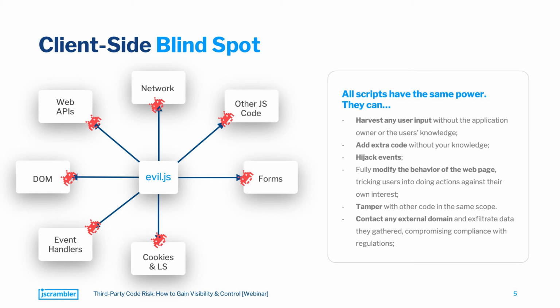So if a third-party script, for example, starts injecting arbitrary code, you must be able to detect this in real time and take the necessary steps to contain the attack as soon as you can.